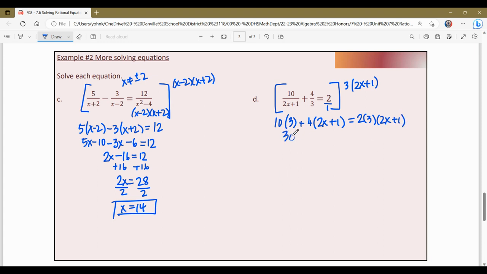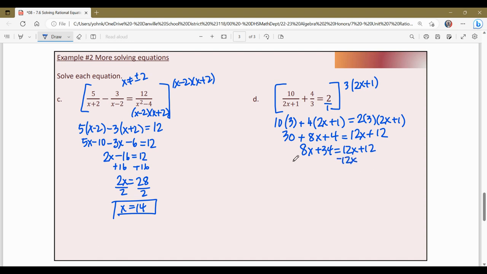So that gives me 30 plus 8x plus 4 equals 2 times 3 times 2x is 12x. 2 times 3 times 1 is plus 12. Collect like terms on the left side. 8x plus 34 equals 12x plus 12.